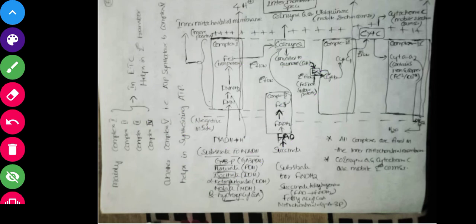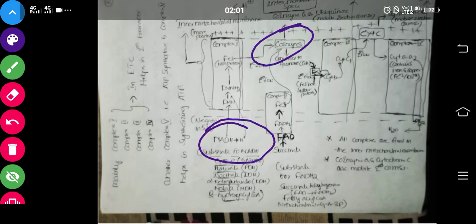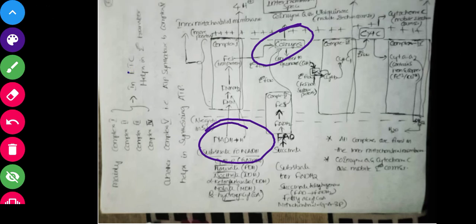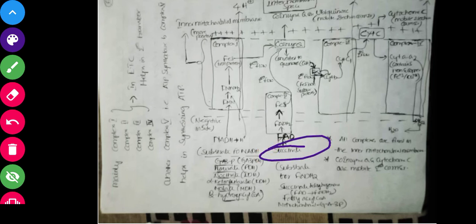In complex 1, electrons are flowing from NADH to coenzyme Q, so the complex is called NADH coenzyme Q oxidoreductase. In complex 2, electrons are flowing from succinate to coenzyme Q, so we call it succinate dehydrogenase complex or succinate coenzyme Q reductase complex.